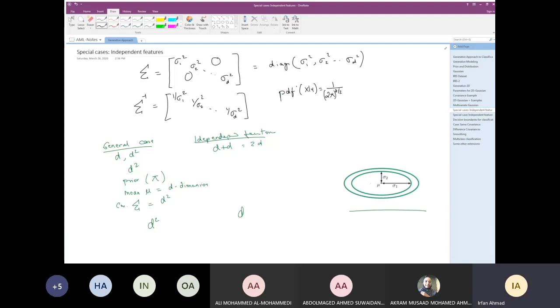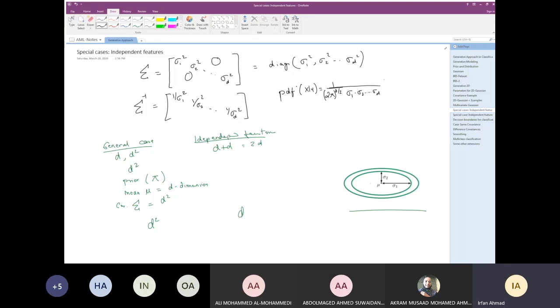And what happens to the covariance? Not the inverse, I'm sorry, the determinant, right? So the square root of it becomes sigma 1 times sigma 2 all the way to sigma d, right?